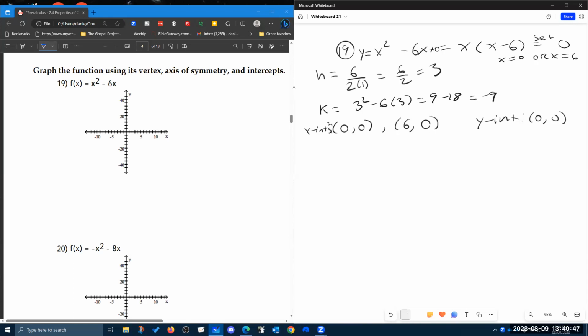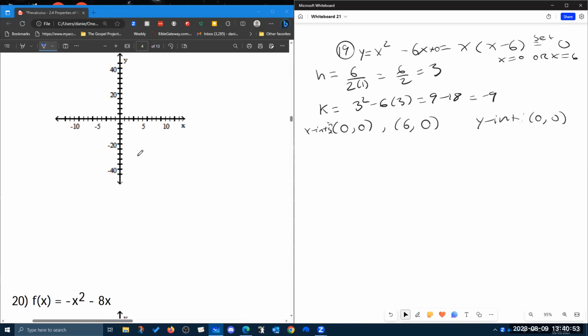Let's use those points to try and sketch a graph of this function. So we have the point (0, 0). We have the point (6, 0).